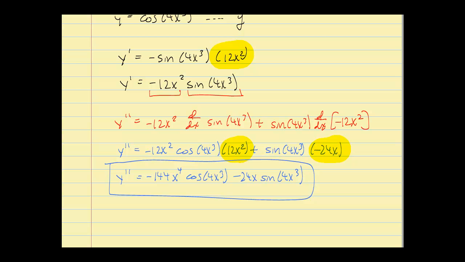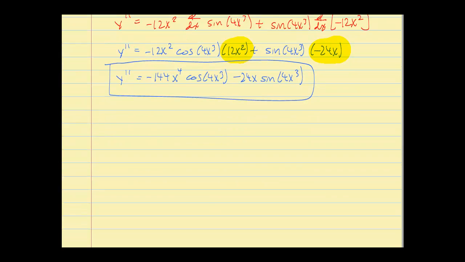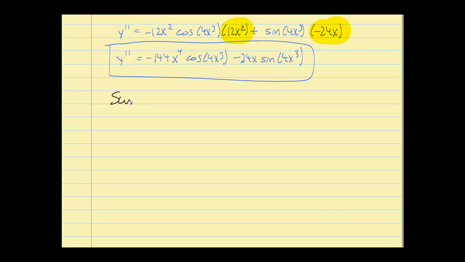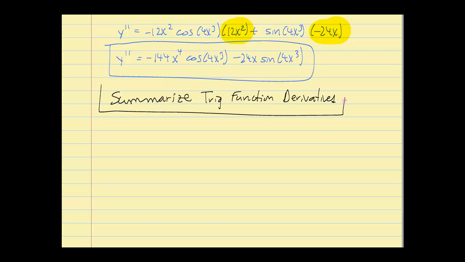The last thing I'd like to do is to kind of summarize the derivatives of trig functions as it involves the chain rule. So I'd like to summarize trig function derivatives. Now before, when we were working with trig function derivatives, we were only working with functions that had an argument of x. Now I'd like to look at functions that have some generic argument of u.